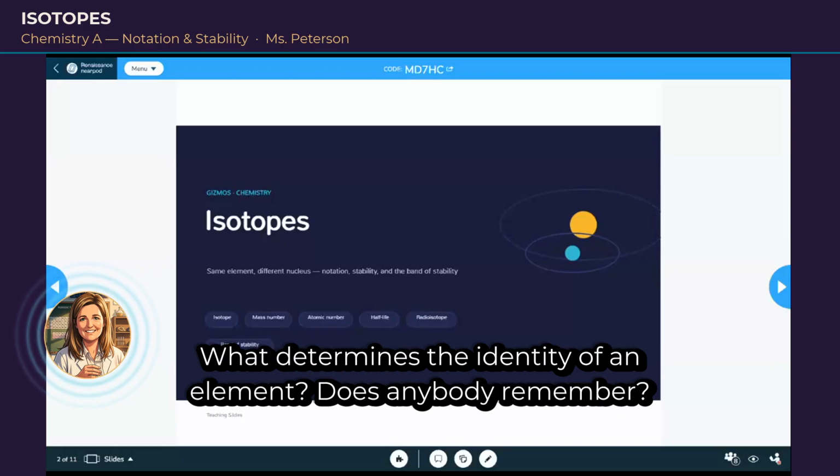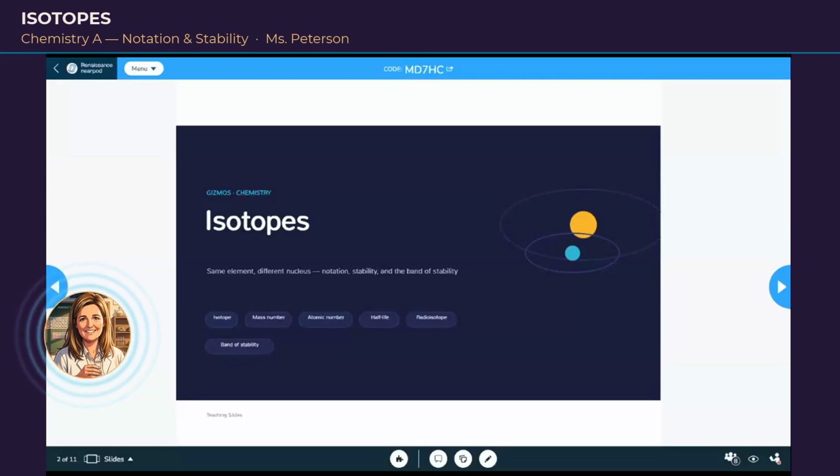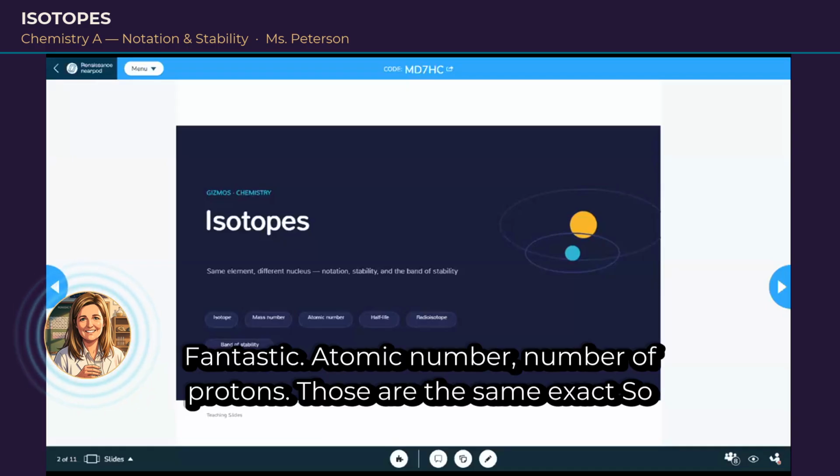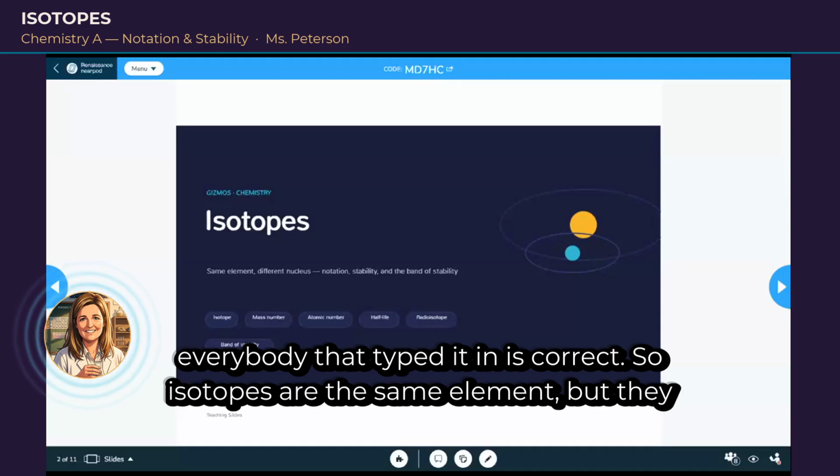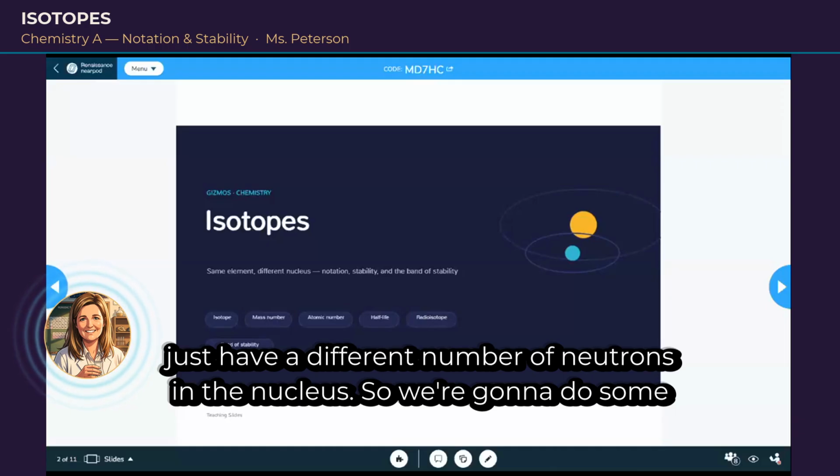Does anybody remember? Fantastic. Atomic number, number of protons. Those are the same exact thing. So everybody that typed it in is correct. So isotopes are the same element, but they just have a different number of neutrons in the nucleus.